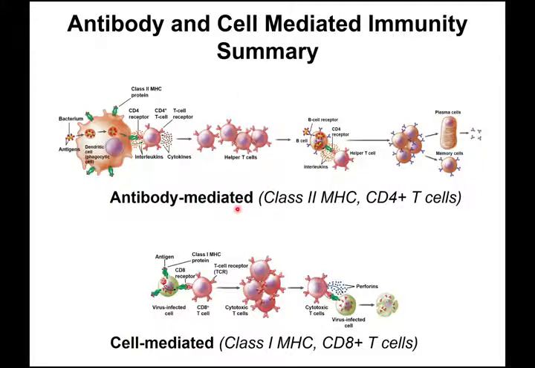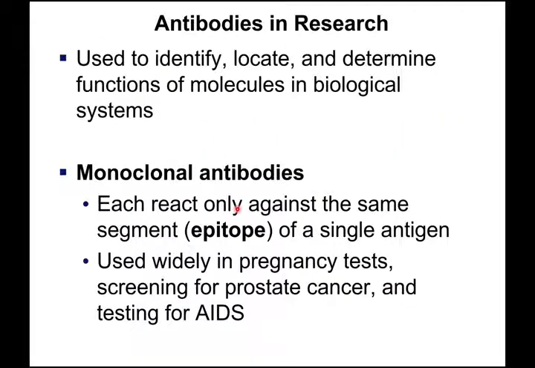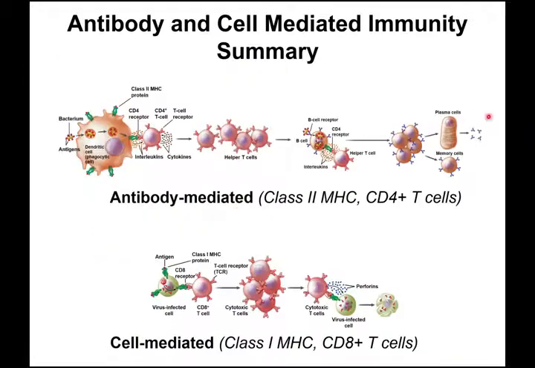But other parts of the lymphatic tissue can also be places where this happens. Now, on the side here, you can see these antibodies that are going to be produced by the plasma cells in the antibody-mediated response. Now you have a series of antibodies that are very specific for that antigen.